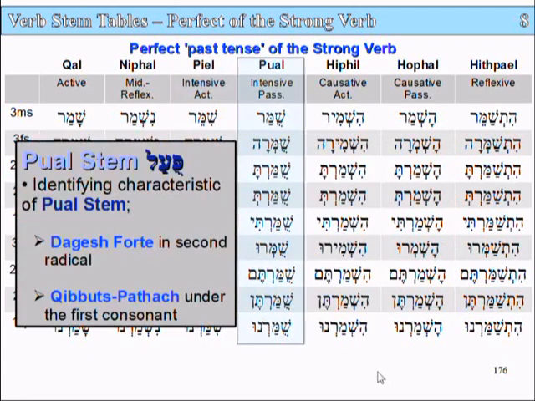And the puel, we have a dagish forte in the second radical, there we go, and a kibbutz patach under the first consonant. So that's very, very identifiable. Those 3 dots in a line, and a diagonal line, is the kibbutz, the u sound of the puel.